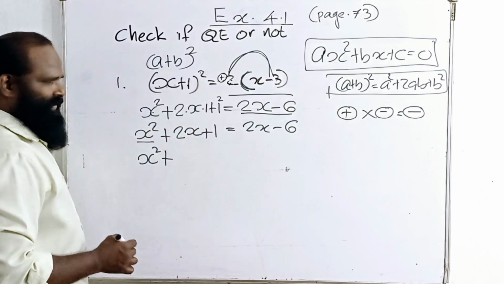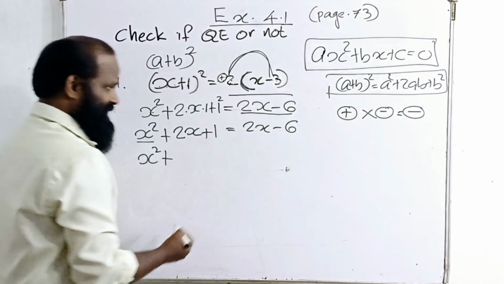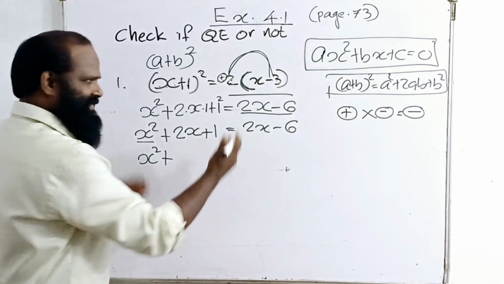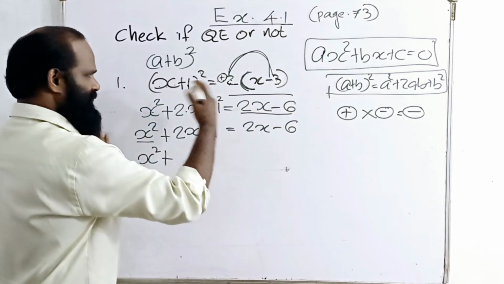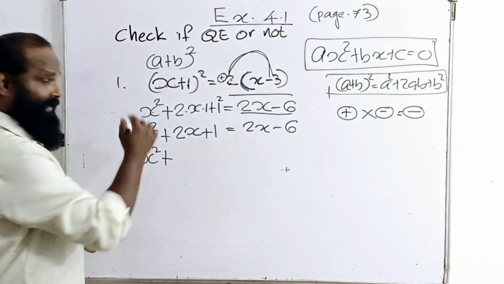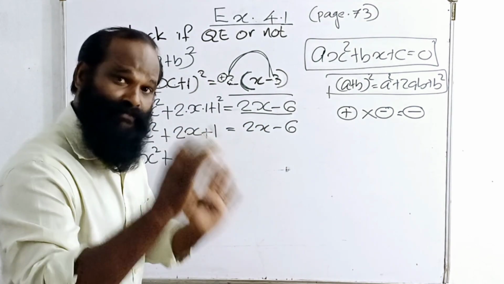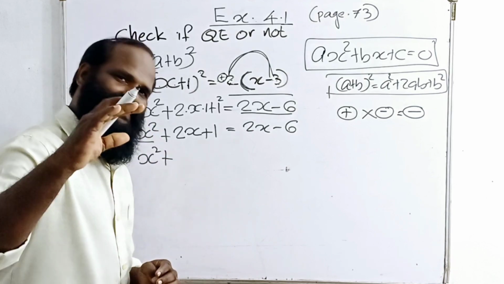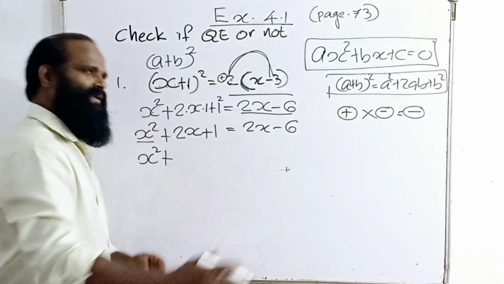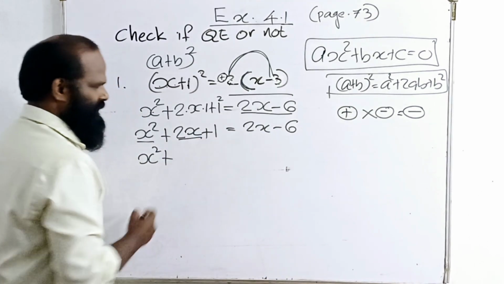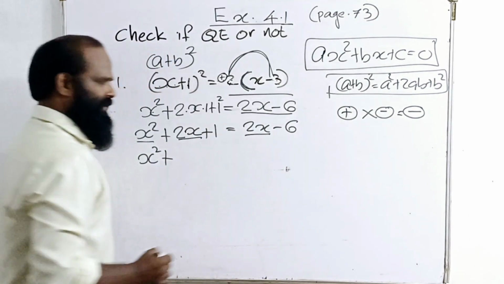One thing, actually, even without taking 2x, we can cancel them. If there are similar terms on the RHS as well as the LHS, the left hand side and the right hand side, with the same sign, if you come across any such term, they can be straight away cancelled. Well, you can see 2x over here, and 2x can be seen over here.